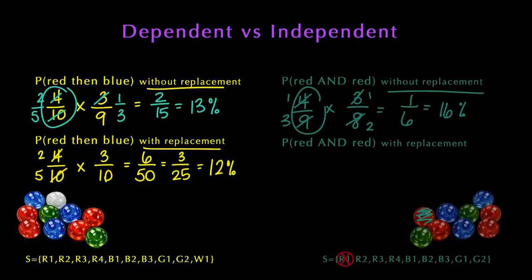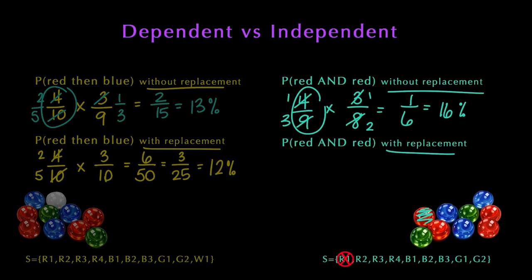So now let's go to this other one. Now we're going to do with replacement here. So I'm going to put that red marble back. Now I still have 9 in this situation because this bag had less marbles. Remember, there's no white in this one. So a red, then a red. So same situation, but with replacement. So now that 4/9 is going to stay 4/9.